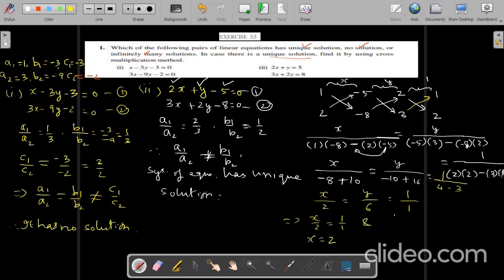And also equate y by 6 to the constant term 1 by 1. y will be equal to 6 ones are 6. So we get the answer x is equal to 2 and y is equal to 6.